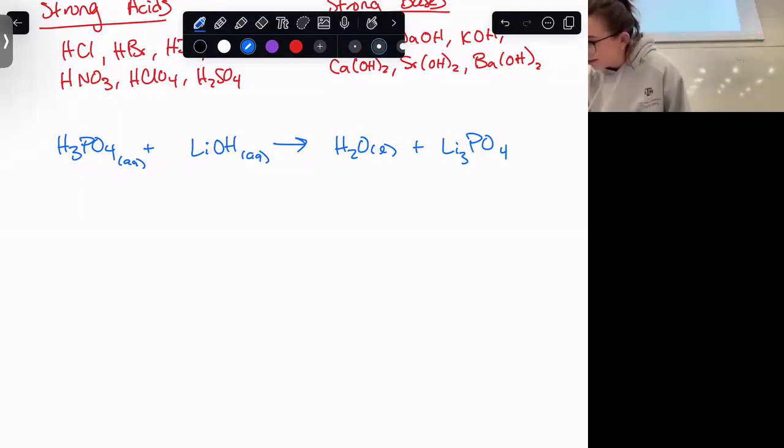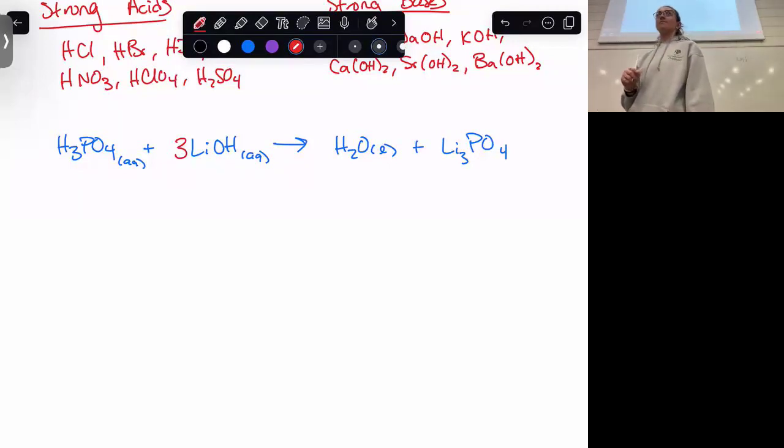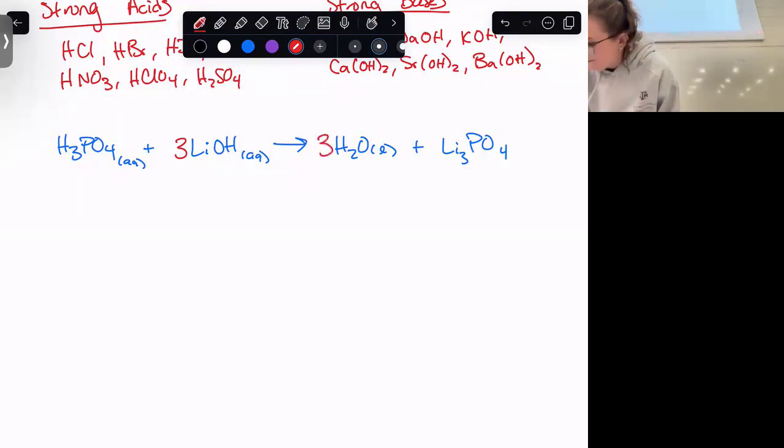We also need 3. What else does that do? 6 H's and 3 H3. Perfect. Is there anything else? Does everyone see how we balance this equation?